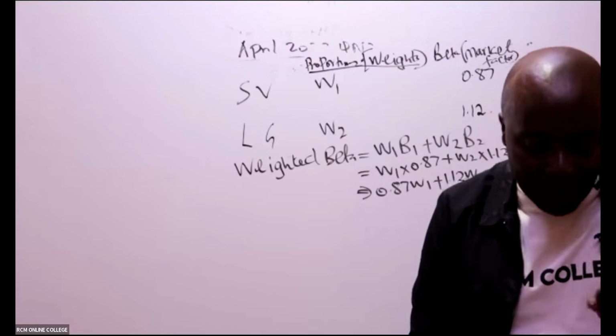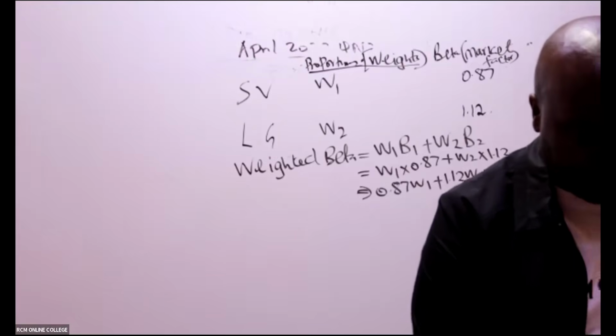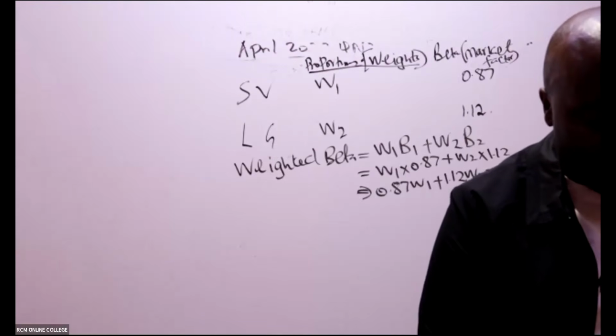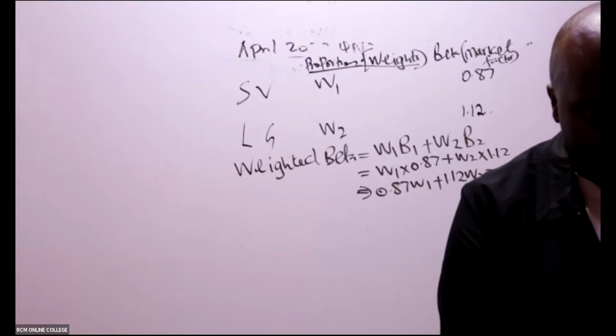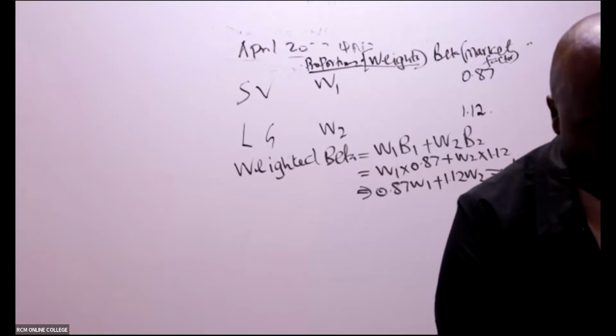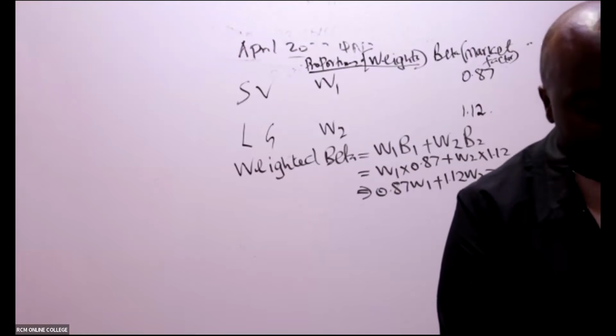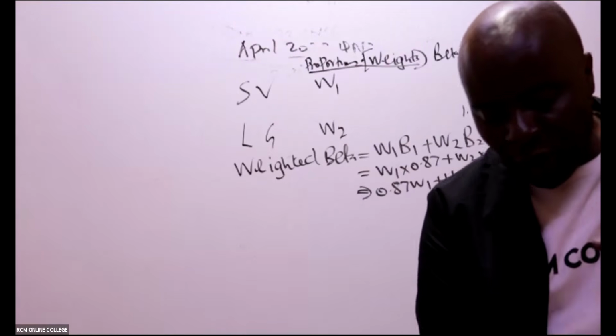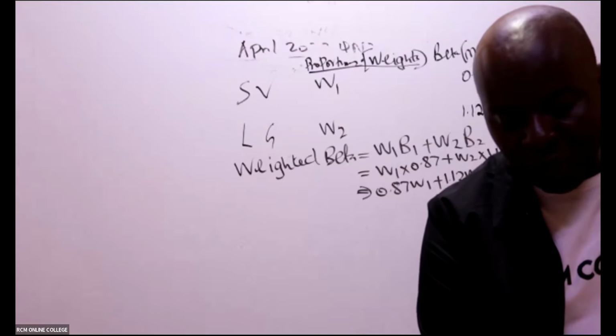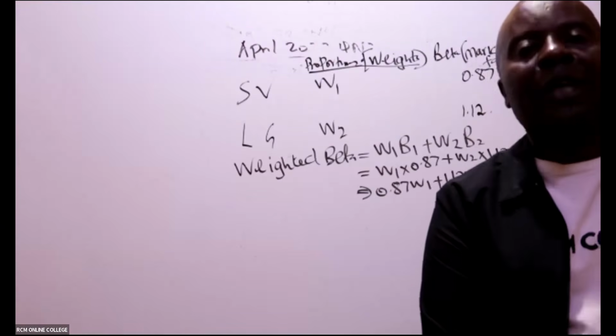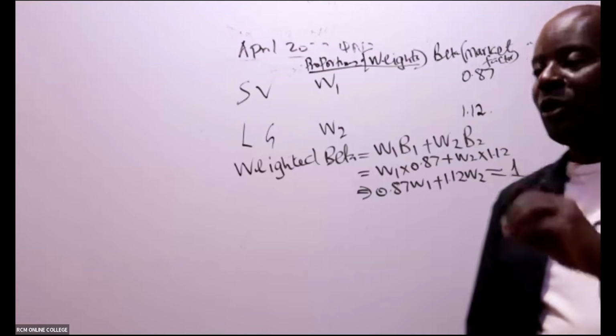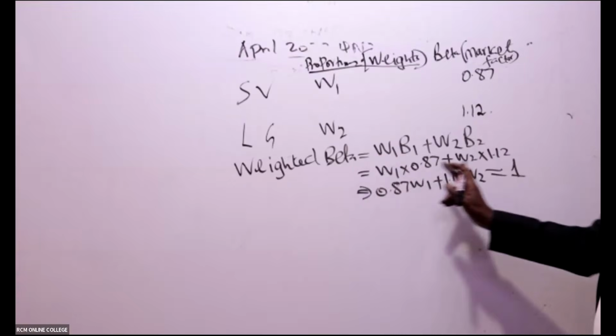The combined beta, read the question again. In order to diversify his perceived risk, a competitor wants to combine small value and large growth portfolios. The new portfolio should have an overall sensitivity to factor 1, market beta, of exactly 1. The overall weighted beta should be equal to 1.